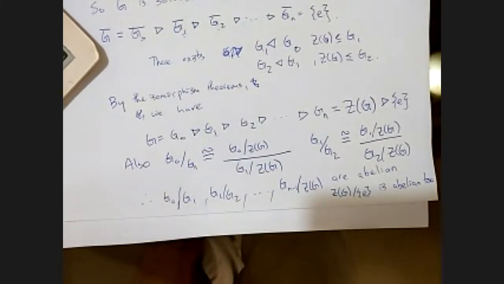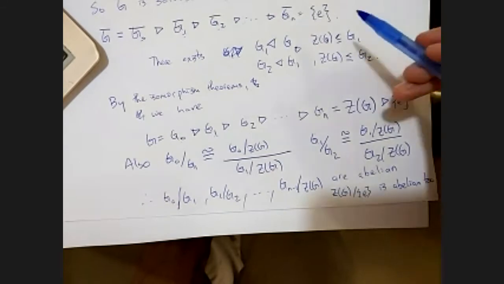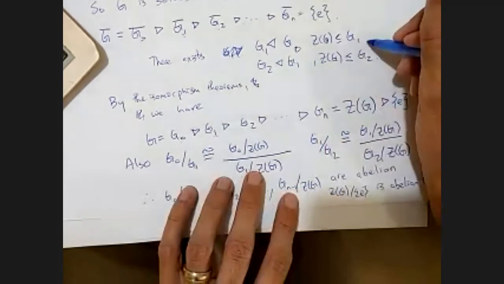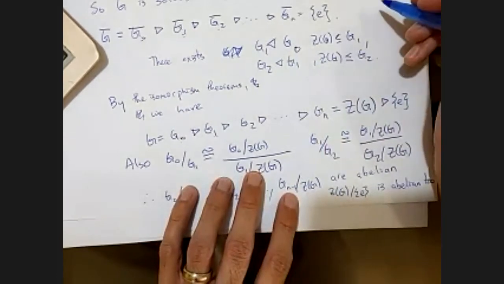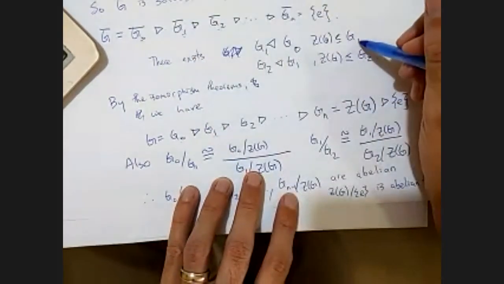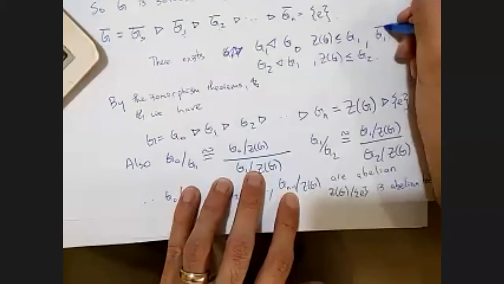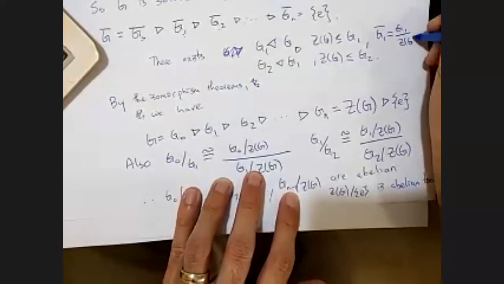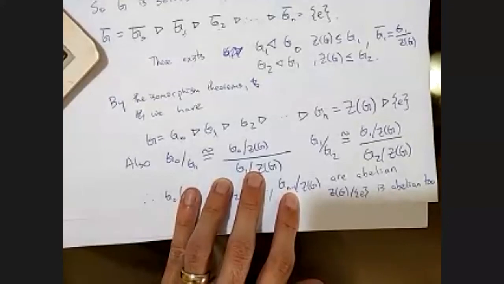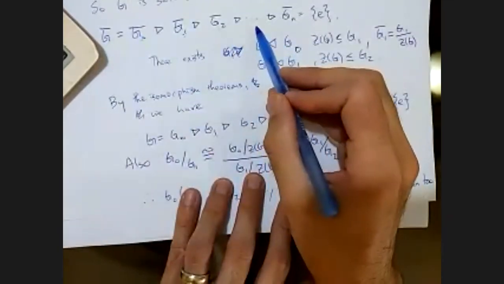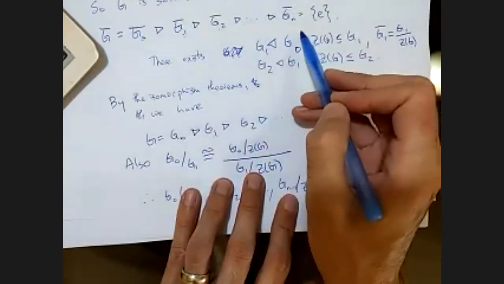Oh yeah, let me remind you. Part of this theorem is that corresponding to G1 bar, there's a subgroup G1 where G1 bar is just G1 mod the center of G. Okay, so we're able to take each of these subgroups of G mod the center of G and lift it up to a subgroup of G containing the center.